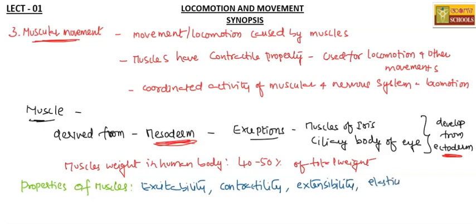So these are the properties of muscles. Now when we classify the muscles, there are three types of muscles. We will now see what those three types of muscles are.